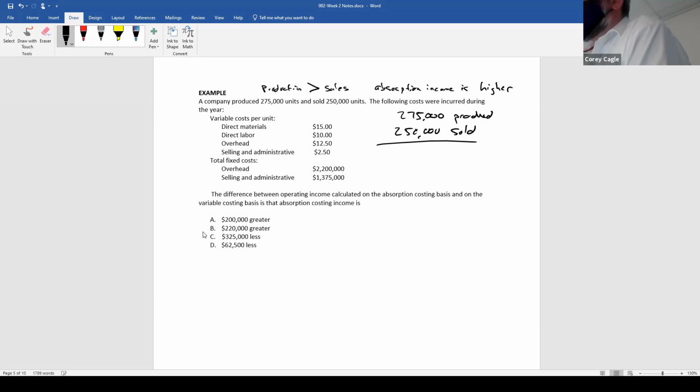That's a 25,000 unit difference. All we have to do is multiply that by the fixed overhead per unit and we're done. So now we've got to figure out fixed overhead per unit.